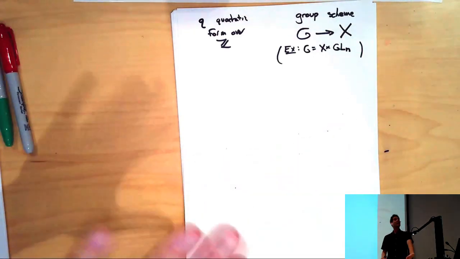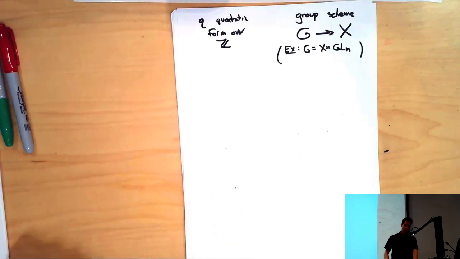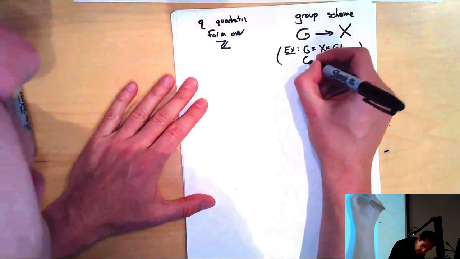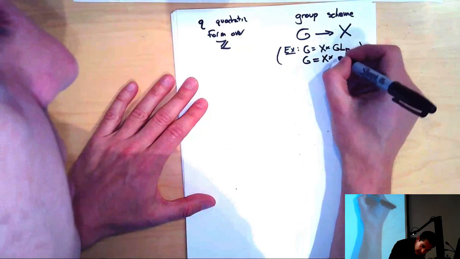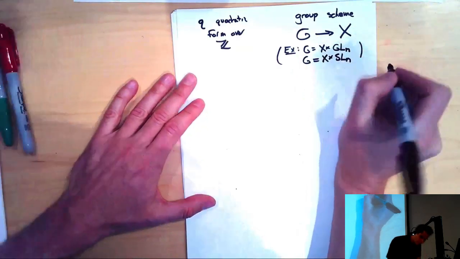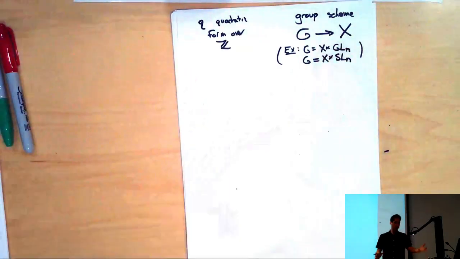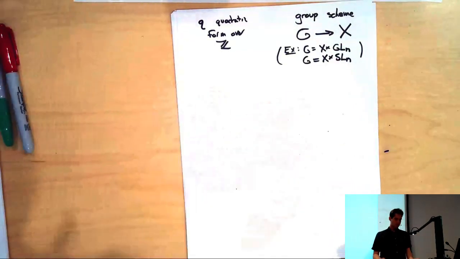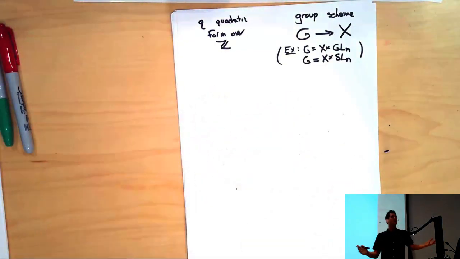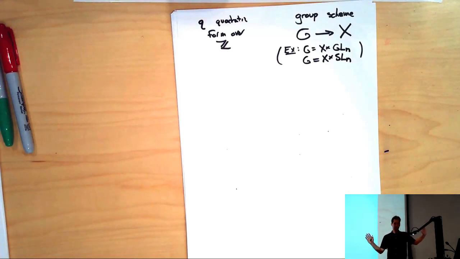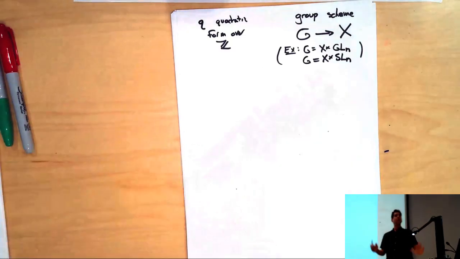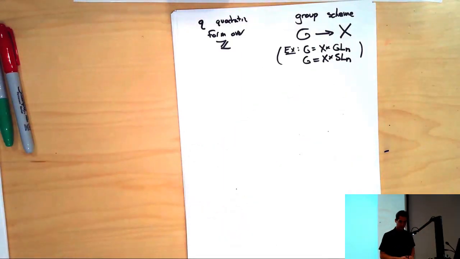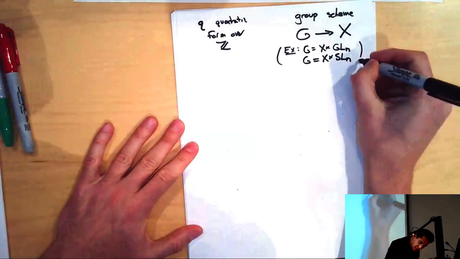So this is not a great example because GLN is not a semisimple group, but you could fix that by taking something like SLN. And these examples, even though they might sound kind of trivial, they're perfectly interesting for everything that we're going to do. So if you ever have trouble thinking about a group scheme over an algebraic curve, just think of the group SLN, and everything will still be interesting.